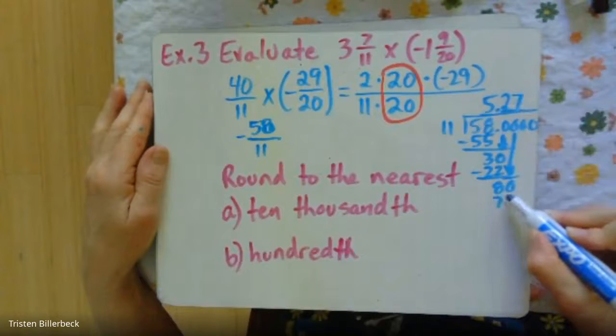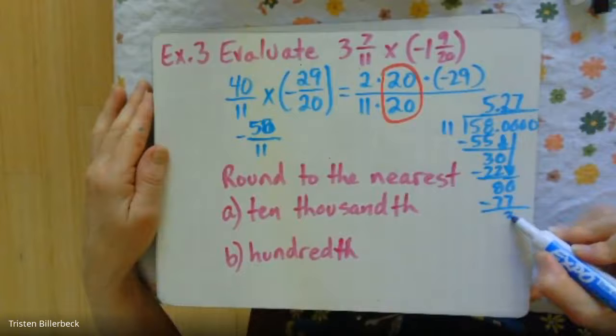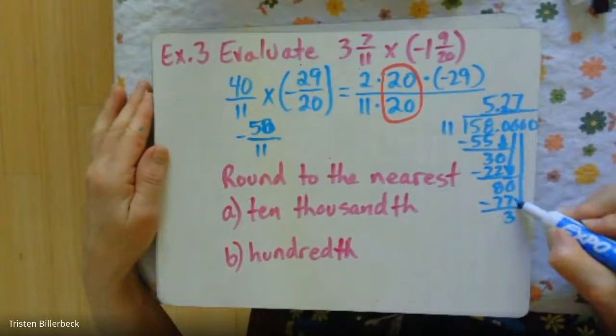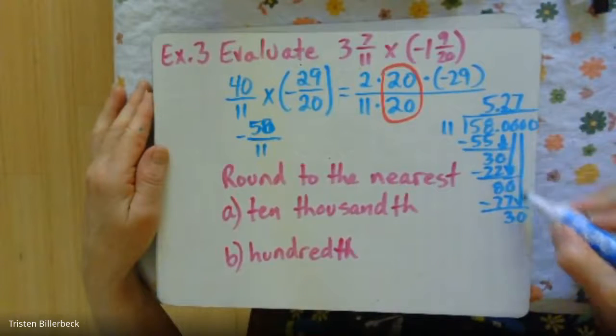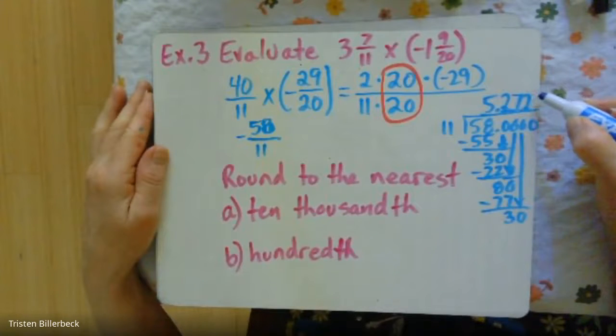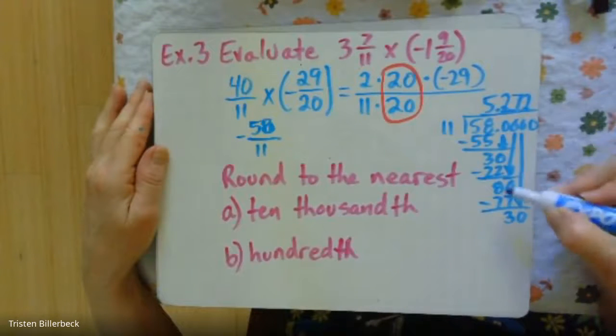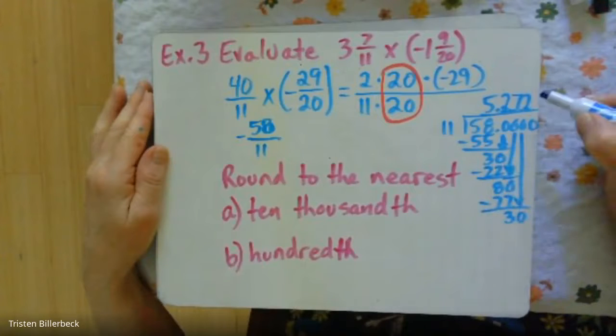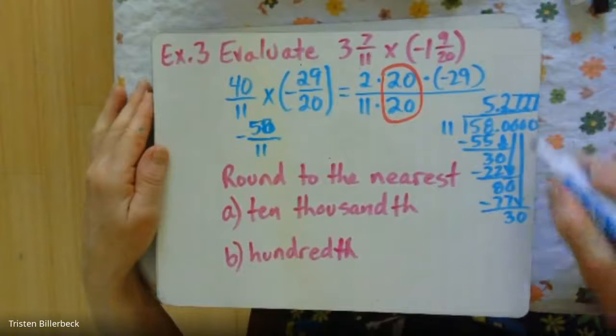7 11s in 80. So we get 3, drop it down. Oh, we've got a repeat. So now we're back to 2. Okay, and then we know, since it's repeating, that this is going to be 7. Okay, if you didn't see that, we'll do it.